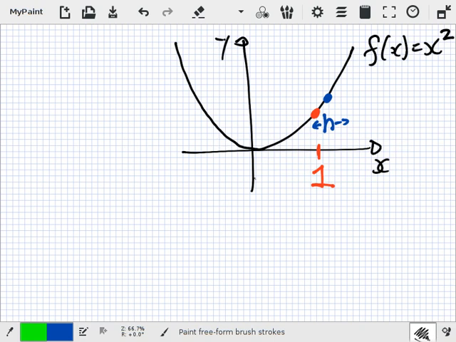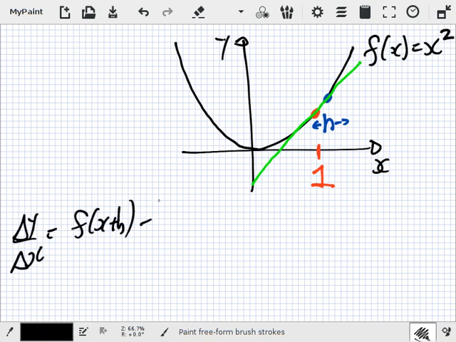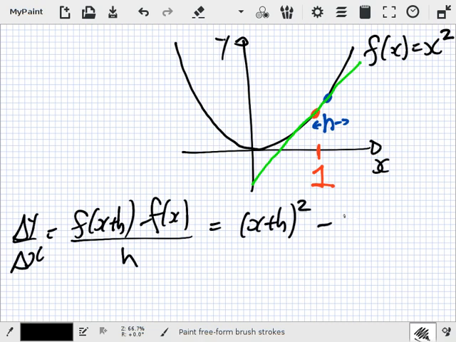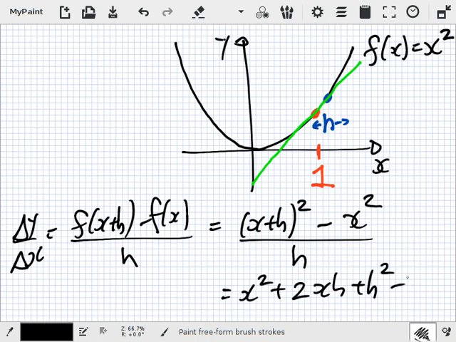There's our secant line. Let's calculate the slope. According to our formula, it's f of x plus h minus f of x over h. In this case, that will be x plus h squared minus x squared over h, which is x squared plus 2xh plus h squared minus x squared, over h.